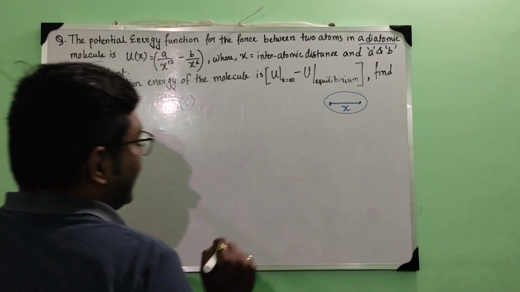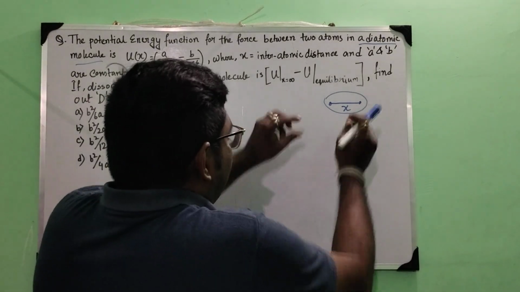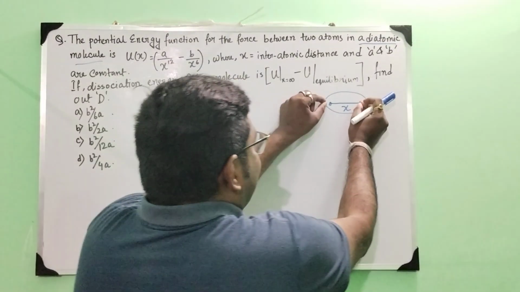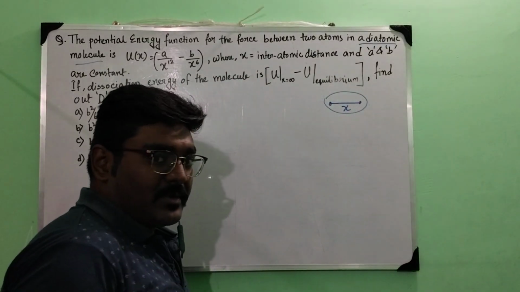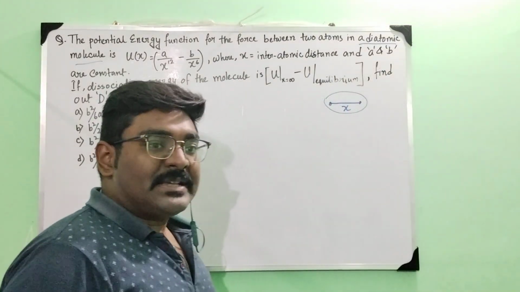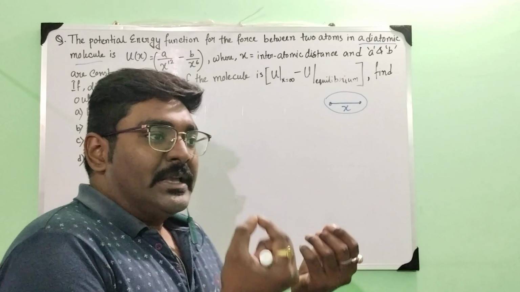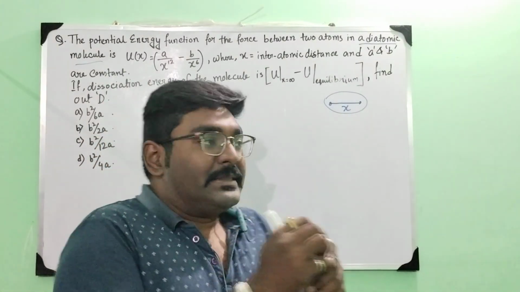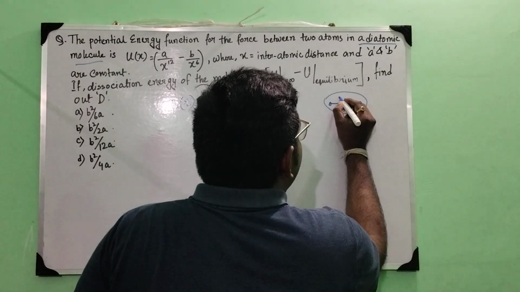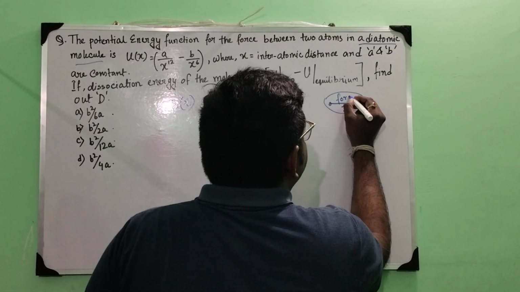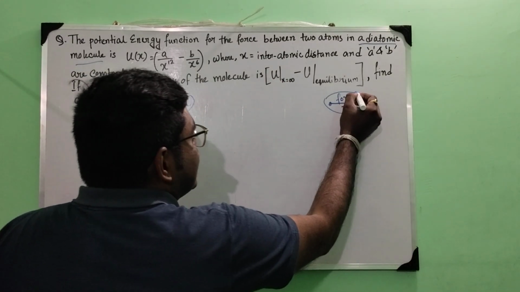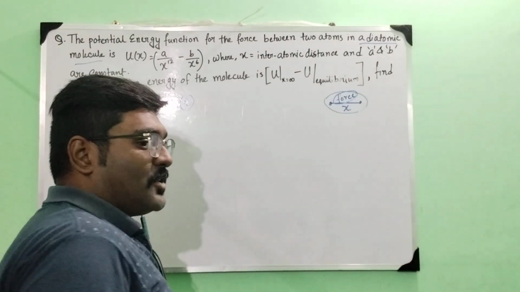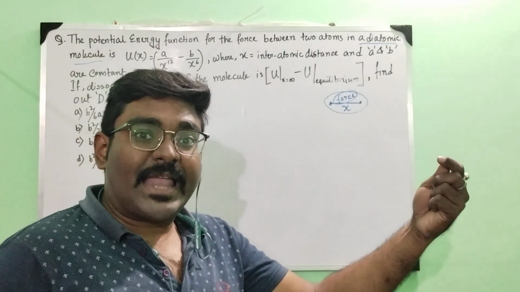Now see, when two atoms are there, obviously these two atoms have an attraction force as well as a repulsive force. So when two atoms are in a molecule, forces act in between the two atoms. These forces may be attraction or repulsion. Obviously both types of force can act.